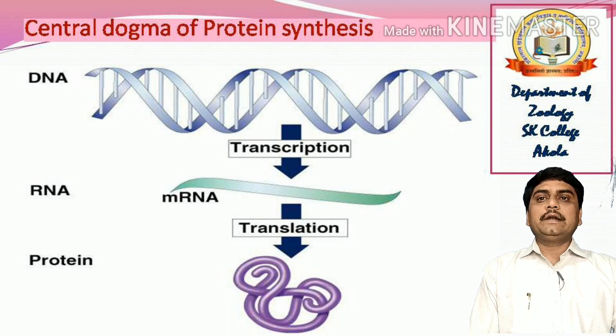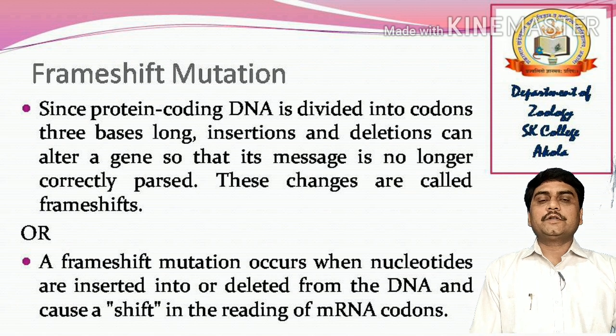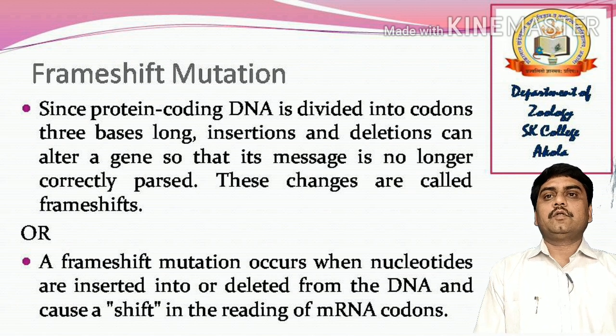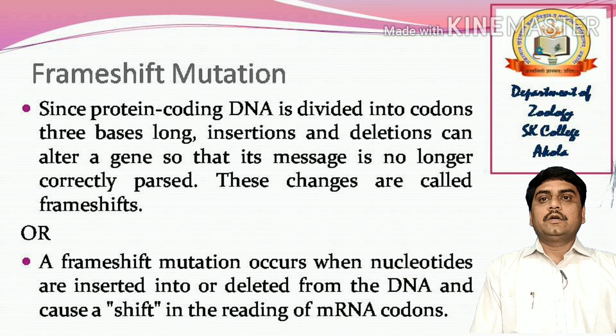So we are correlating this particular thing with the frame shift mutation. First of all, we will discuss frame shift mutation. Since protein coding DNA is divided into codons, 3 bases long, insertions and deletions can alter a gene so that its message is no longer correctly parsed.